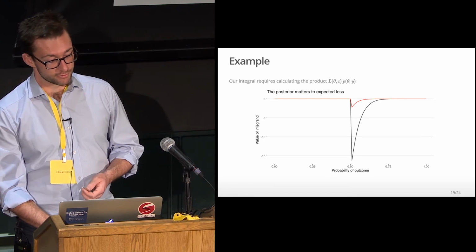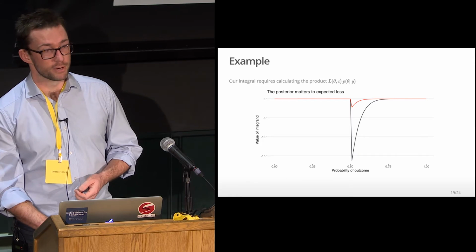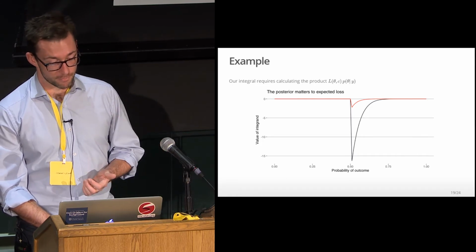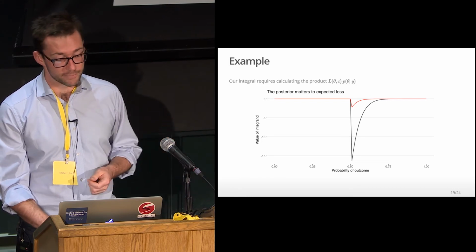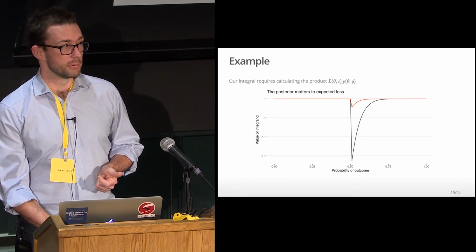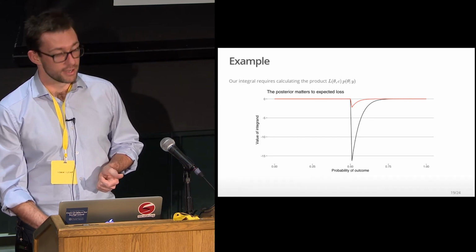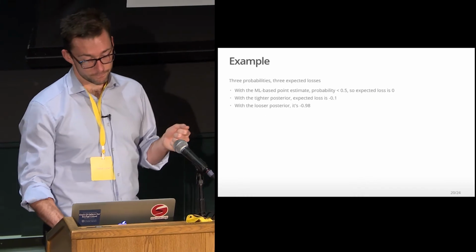The red curve gives far less weight to a probability above 0.5, so much less negative utility, or much less loss here. And of course, this spike here gives no weight at all to a probability greater than 0.5, and so we're not going to provision any losses at all.